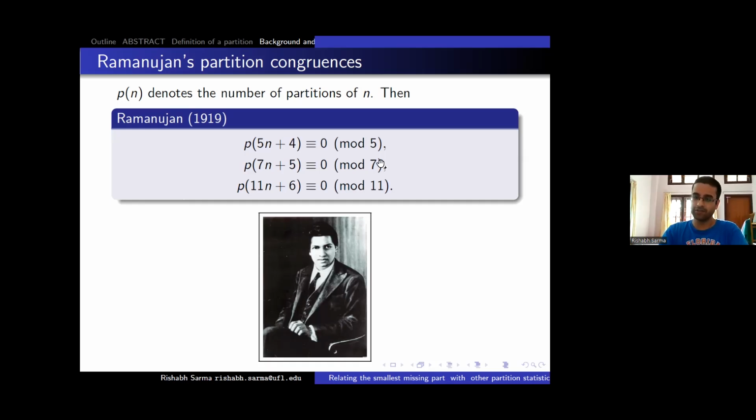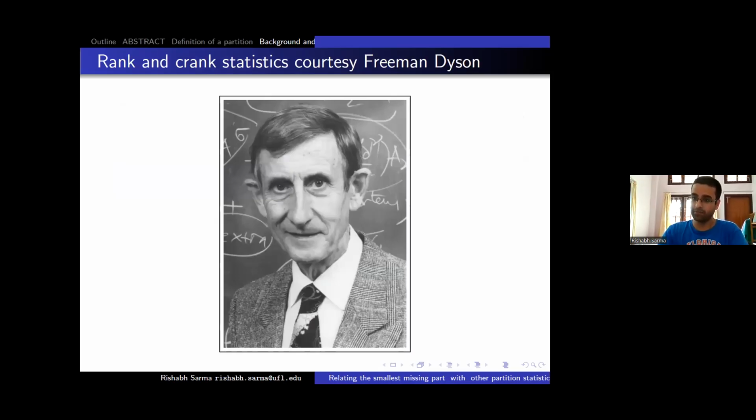Similarly, the number of partitions of 7n plus 5 is divisible by 7, and of 11n plus 6 is divisible by 11. Although Ramanujan did give a proof of these congruences in his paper in 1919, a combinatorial explanation was always missing until Freeman Dyson came into the picture.